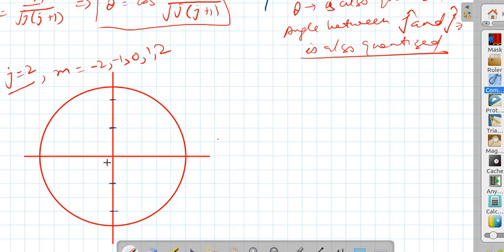Let me call these 0 h cross, 1 h cross, 2 h cross, and similarly minus 2 h cross, minus 3 h cross, because this is jz and this is jxy. Corresponding to it, it is intersecting here, and the radial vector is nothing but the total angular momentum.